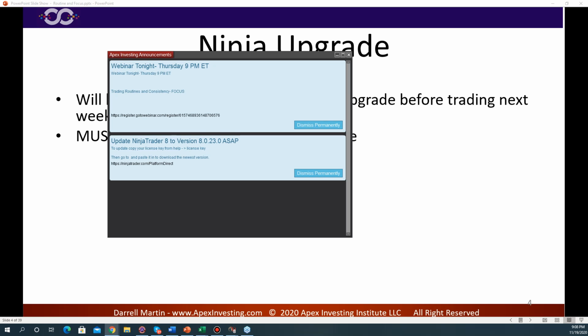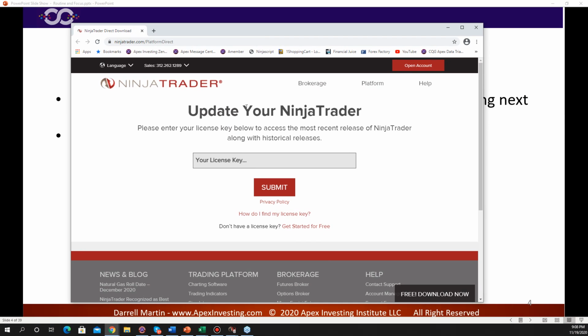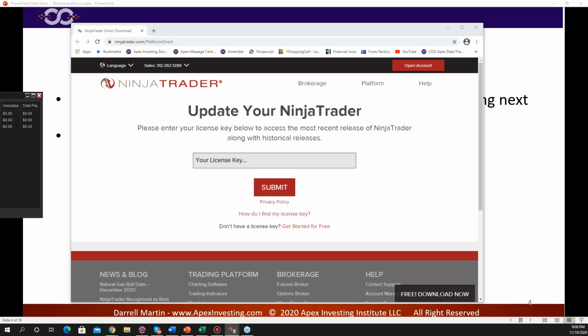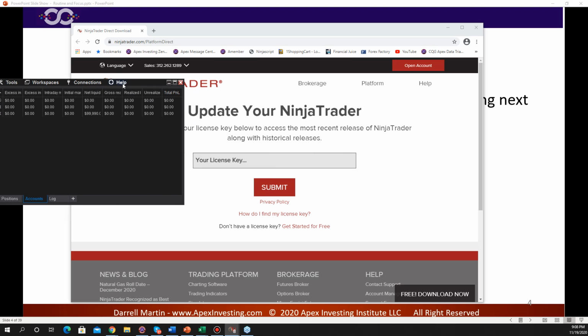When you go to that page, sorry guys, let me pull it over here. It's just going to look like this. Update your NinjaTrader, and you enter your license key here. Very simple. Under your control panel, under Help, License Key, you copy your key, and you just paste it right there.